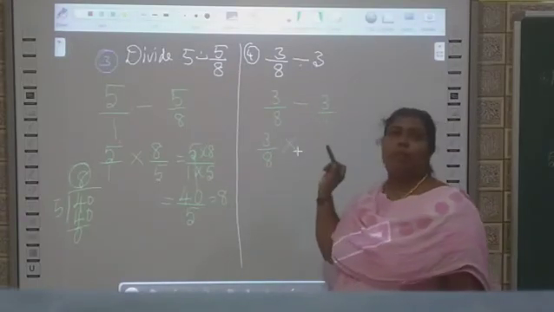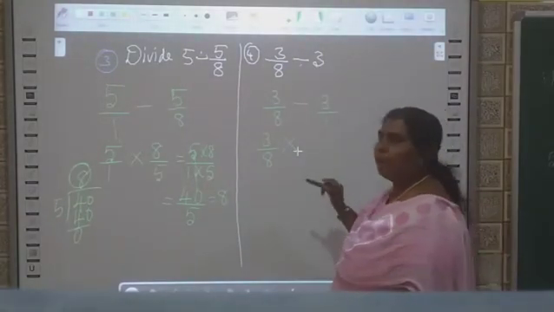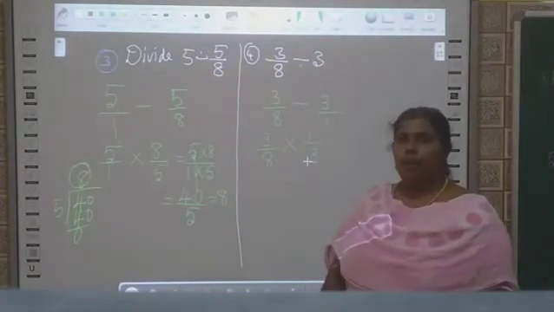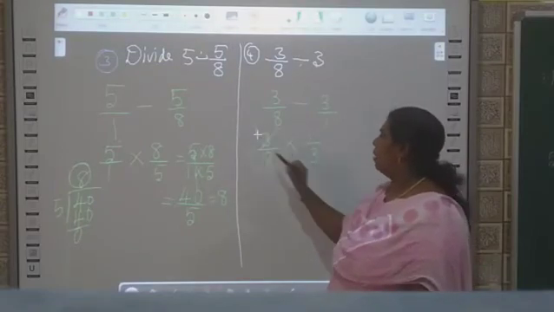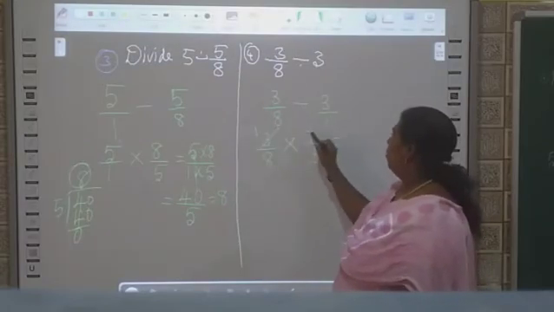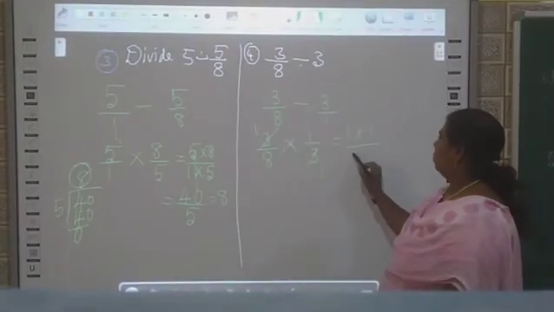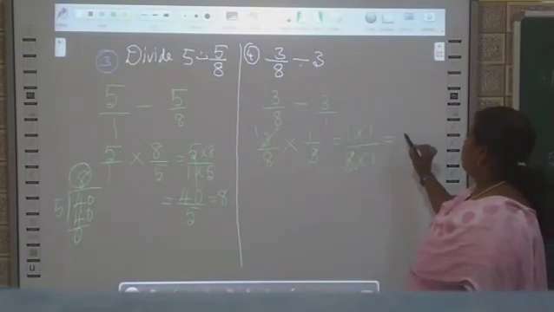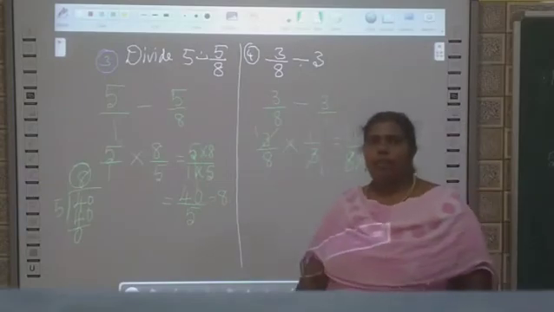Then take the multiplicative inverse or reciprocal of 3 by 1, which is 1 divided by 3. Now easily you can reduce it. See here 1 time, here also 1 time. Now 1 time 1 is 1, divided by 8 times 1, which is 1 by 8. It's the simplest form. Understand?